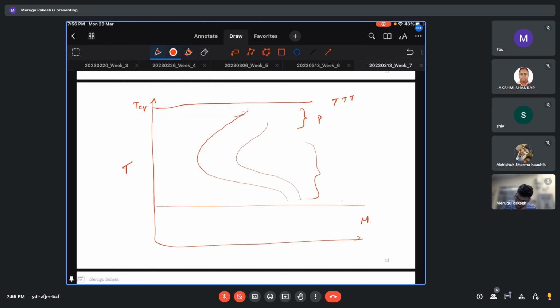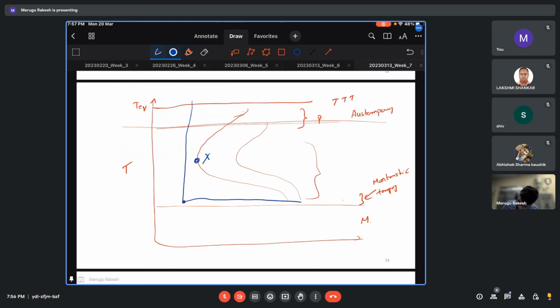This is the region where we get austempering, and this is the region where we get martempering. If you want to do martempering, we should not touch this point. We should come like this, then hold here. So this is the heat treatment process.